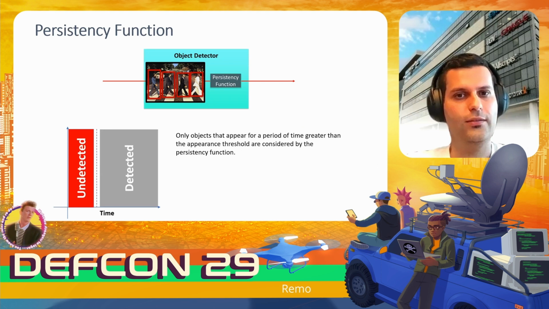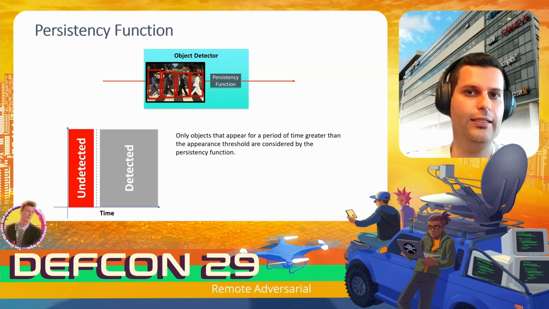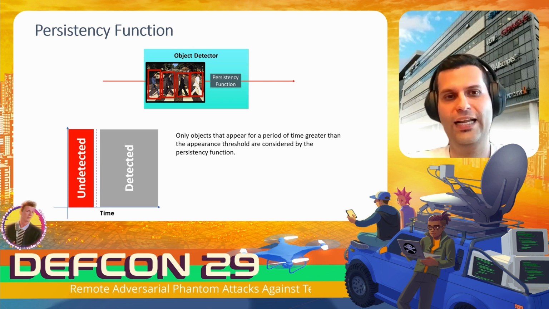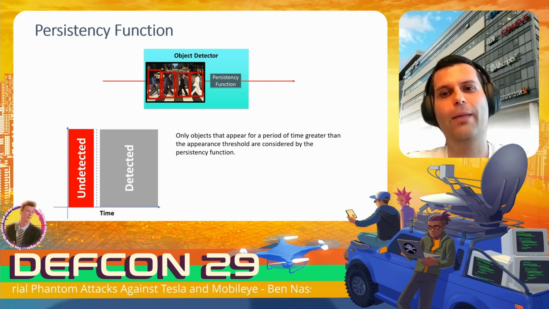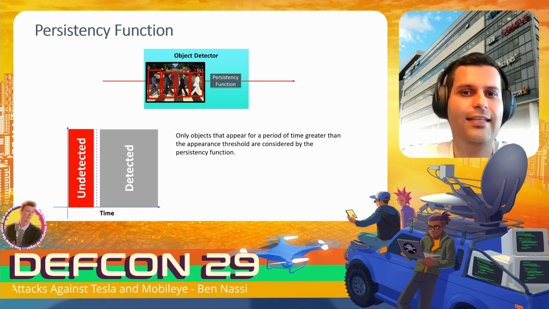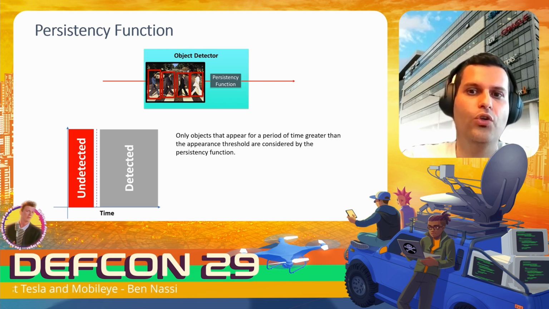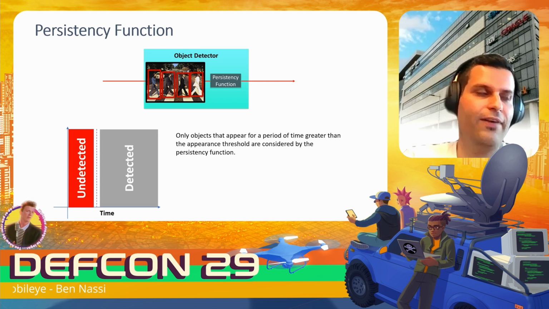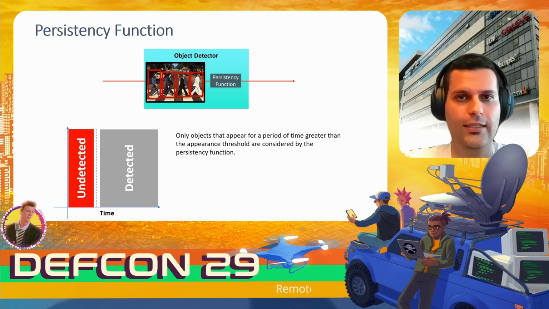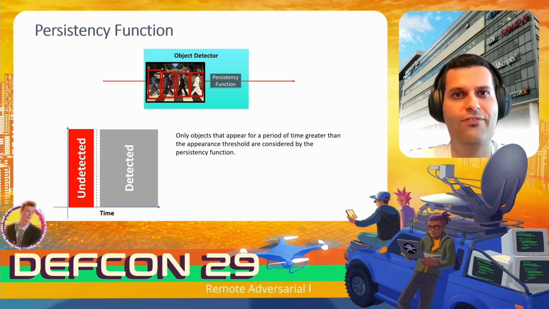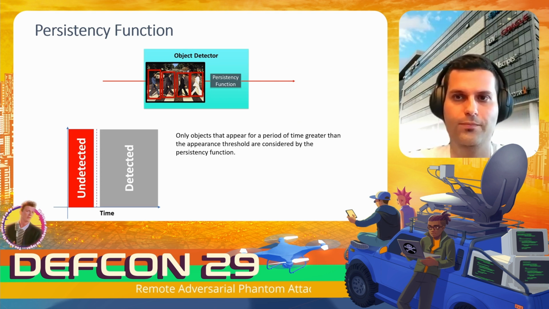Now, as a result, the appearance threshold creates a very interesting, I would say, reality where only objects that appear for a period of time greater than the appearance threshold are considered by the persistency function as real objects. Otherwise, they are completely undetected by the persistency function and by the object detector as well.